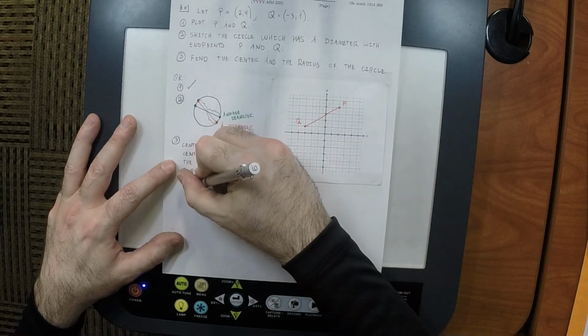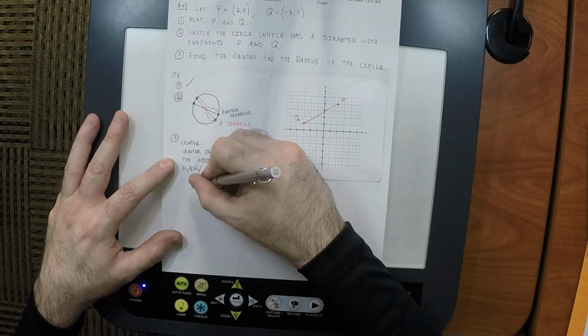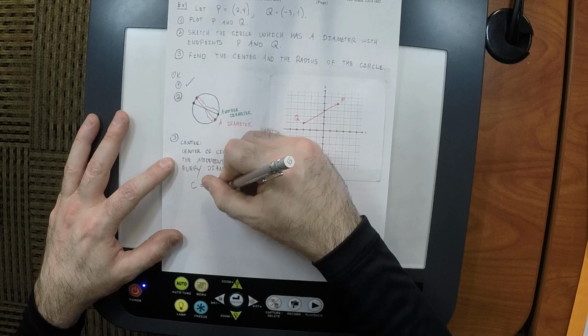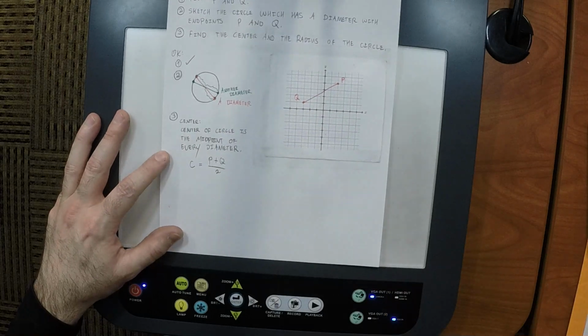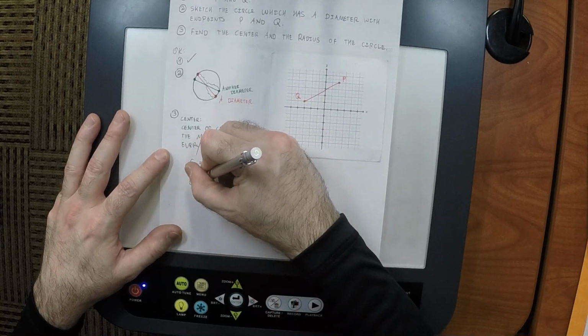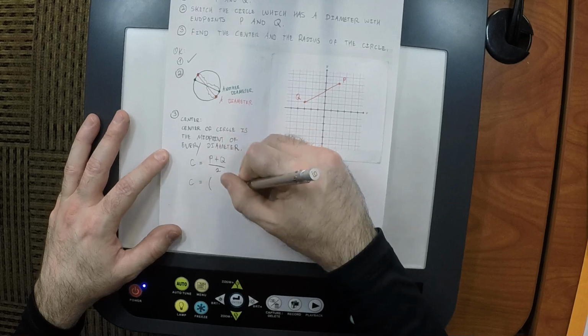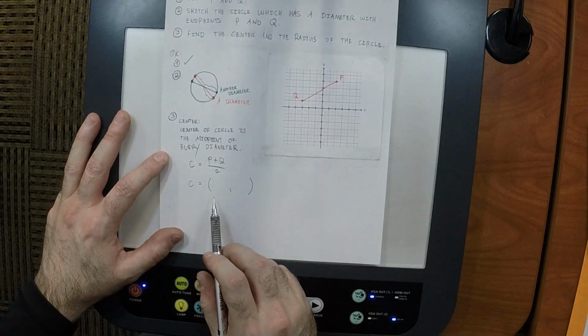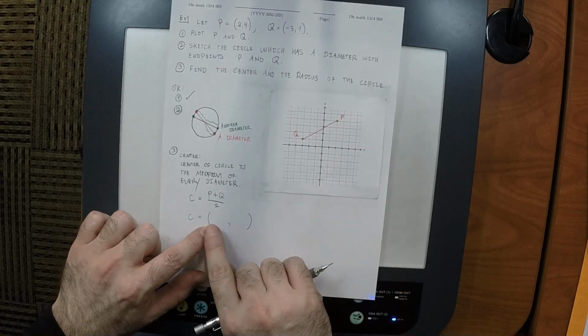Okay, so we could say it like this, that C, for center, is (P plus Q) over 2. All right, so let's calculate. So in the end it'll look like this, something like that, something comma something.